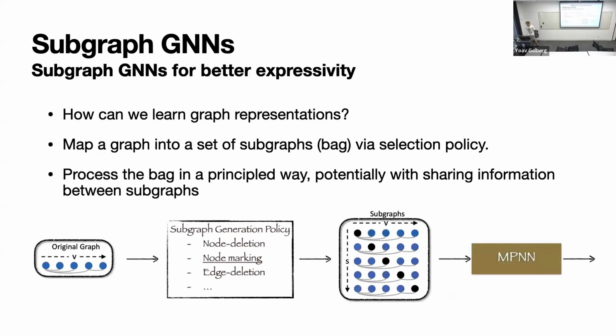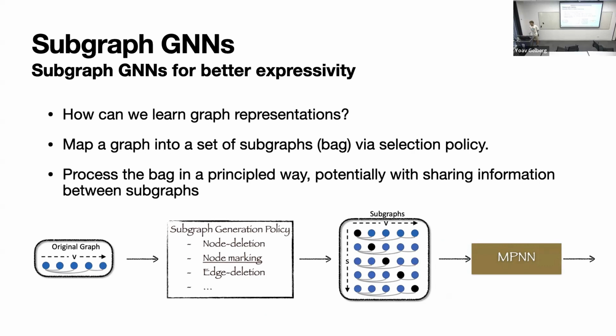To make this whole subgraph GNN idea a bit more concrete, what do we actually do? We start with an original graph that you see here on the bottom left. We map this graph into a set or bag of subgraphs by some selection policy. This can be node deletion, node marking, edge deletion, and so on. I'm going to focus in this talk on node marking.